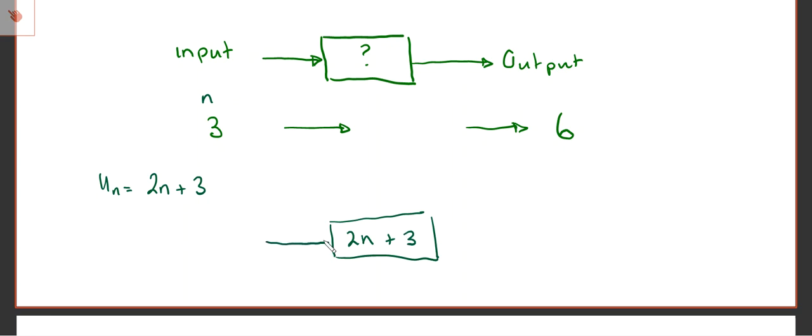And what goes in, I could say n equals 2. What comes out? 2 times 2 is 4. 4 plus 3 is 7. Make sense?